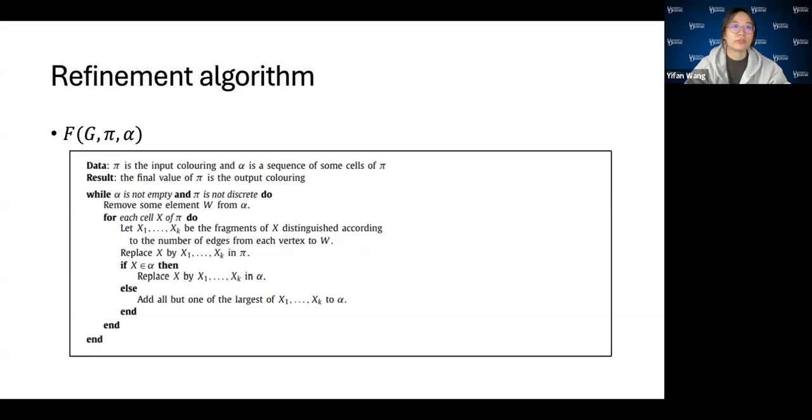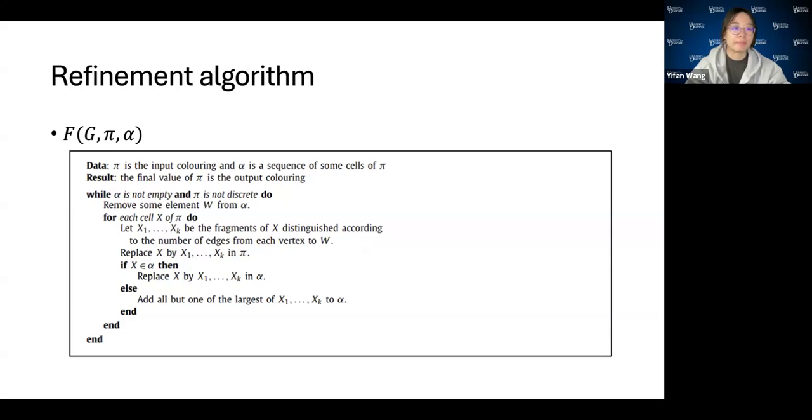This is the refinement algorithm used in Traces. It will loop through all cells and check their connectivity with other cells. The other cells will be separated based on the patterns they have from the cells they are focused on.